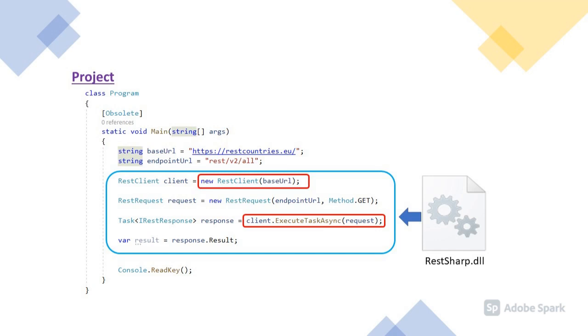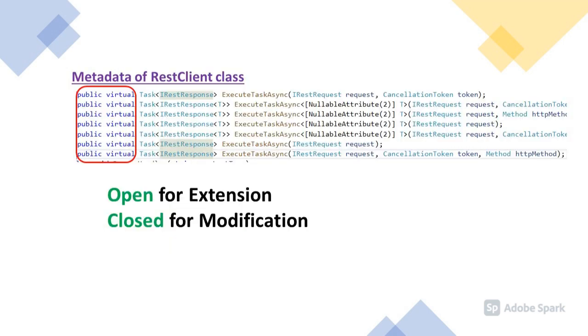In order to extend this method, it must be public virtual. If we look at the metadata of the RestClient class, we can observe that the method is public virtual, which means the method is open for extension from anywhere by overriding it.